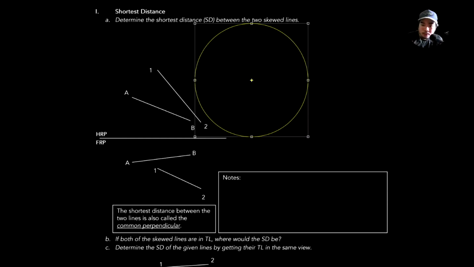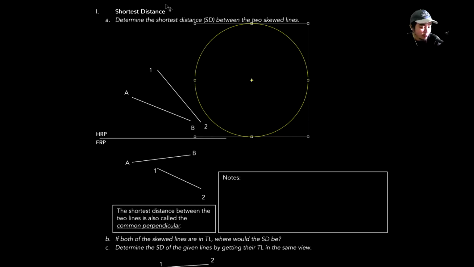Okay, so let's begin. So the easiest method to imagine the shortest distance, just purely by imagination, is if we look at a view where both lines are in their true length. Try to imagine, take two pencils, tapos ilagay nyo lang in space, tapos try nyo ikot-ikot siya.